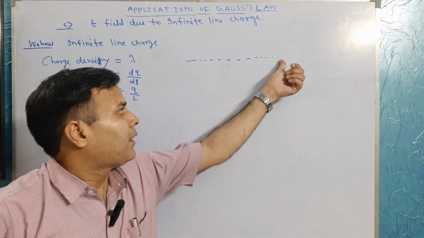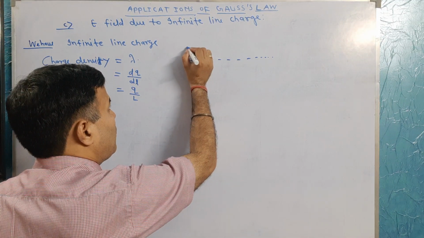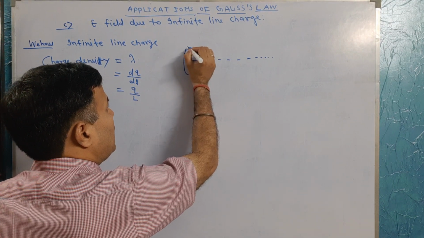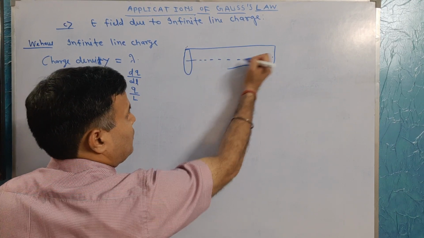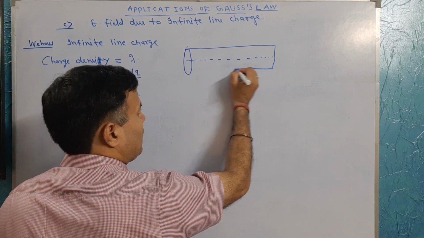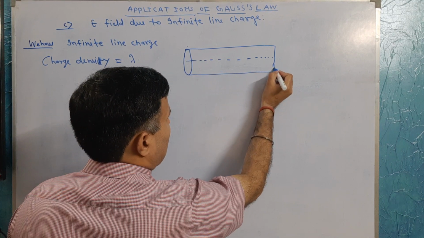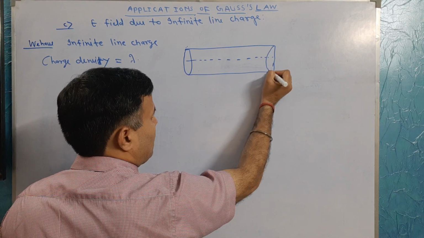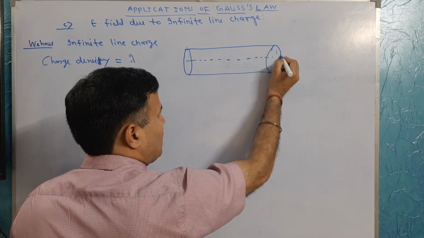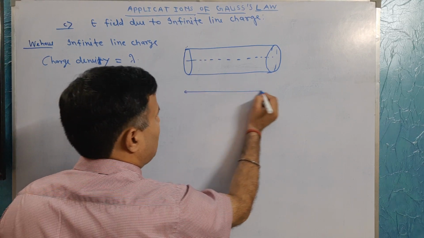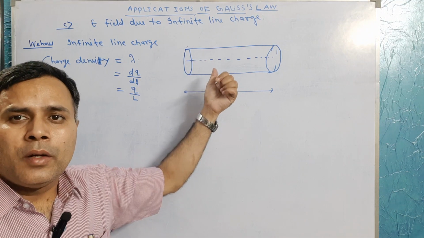So this is a wire, and the corresponding Gaussian surface is a cylinder, of length L.